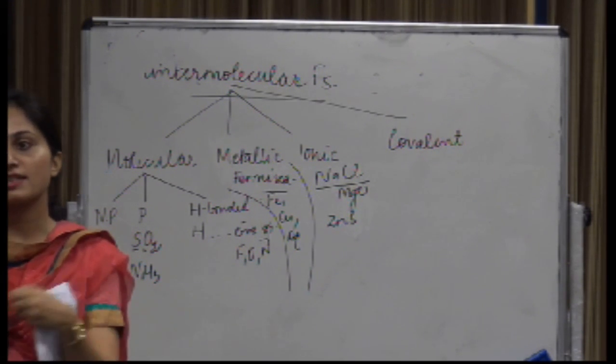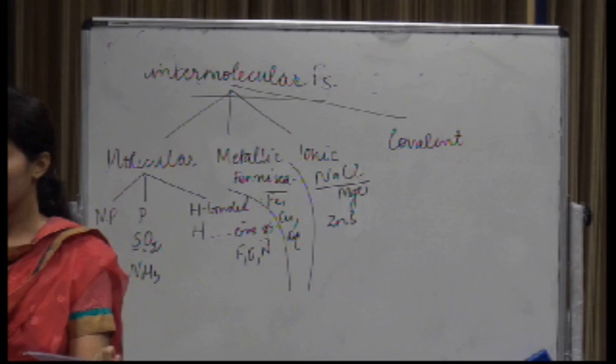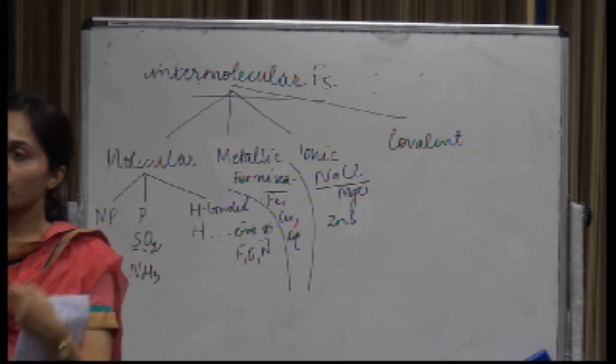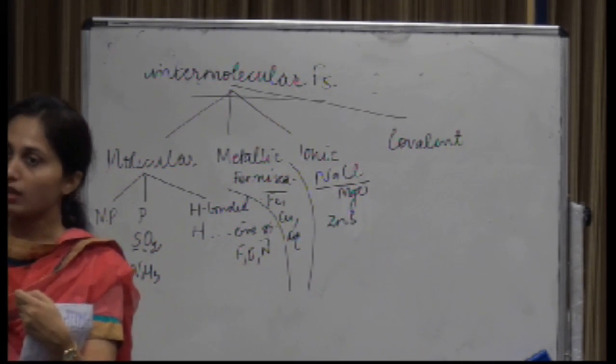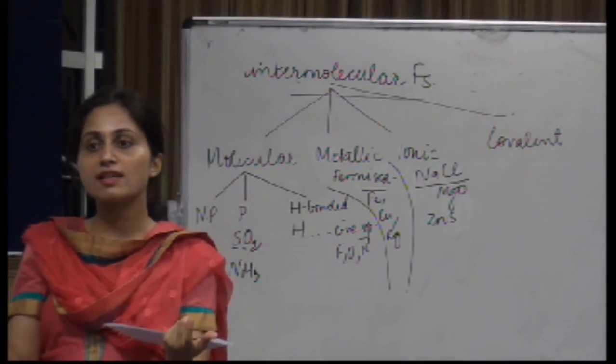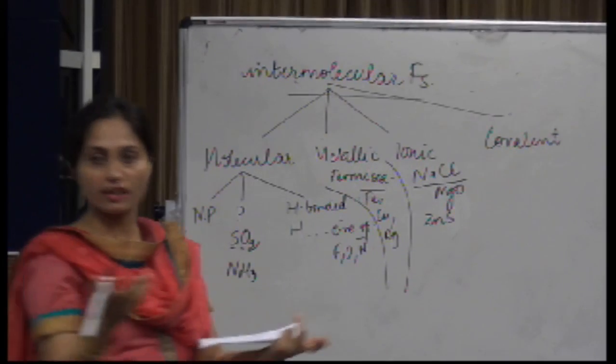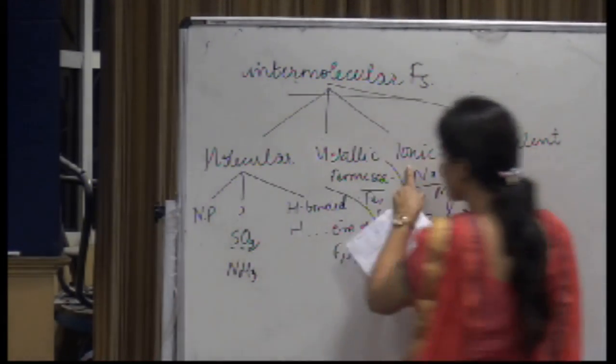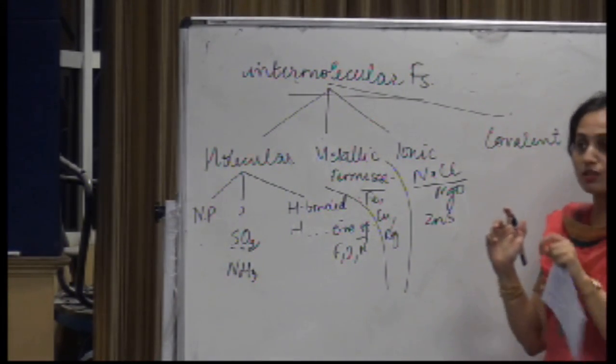So that is why it is non-directional. Non-directional means irrespective of the direction from which an incoming ion is approaching the cation, it will experience the same force from all the directions. So that is why your ionic solids are non-directional in nature.